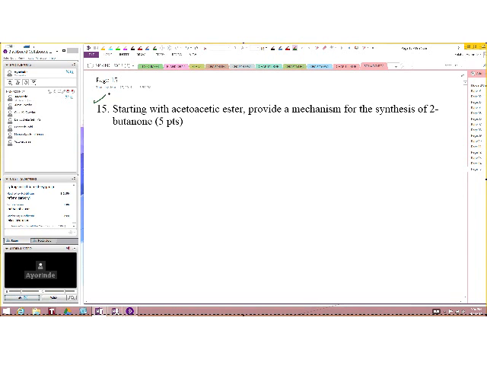Starting with acetoacetic ester, provide a mechanism for the synthesis of 2-butanone. Okay, thank you. So in this case, we have acetoacetic ester, or ethyl acetoacetate, which is this molecule here, of course.